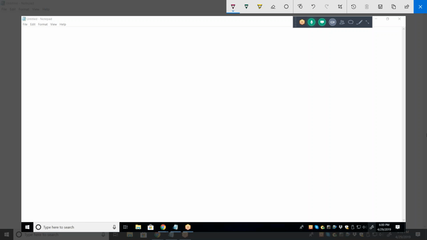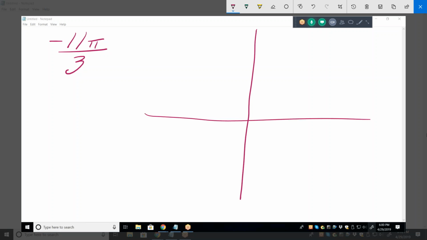Okay, let's work on those. Give me some. So it says to sketch the angle, then find the reference angle. Okay. So this one gives me negative 11 pi over 3. Now, if I do this properly, that is 1 pi over 3 short of 4 pi.